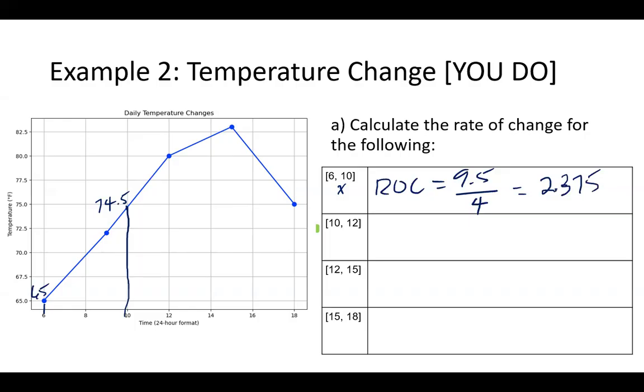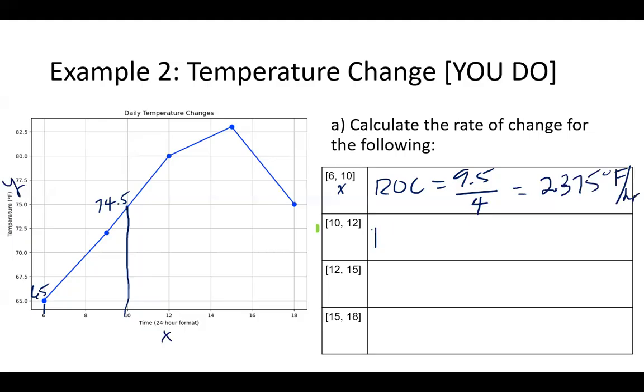And that's going to give you your units. So our units this time, our Y is our Fahrenheit and our X is our hour, right? So 2.375 degrees Fahrenheit per hour. Okay. Make sure you're putting those units.